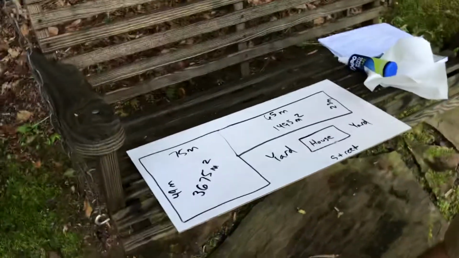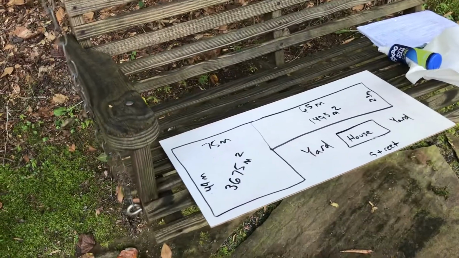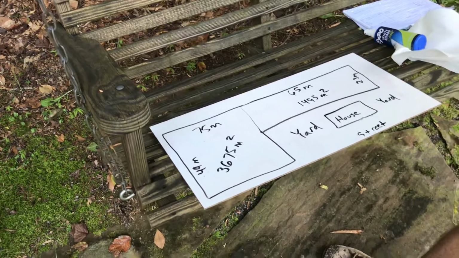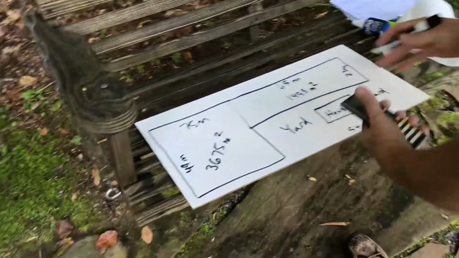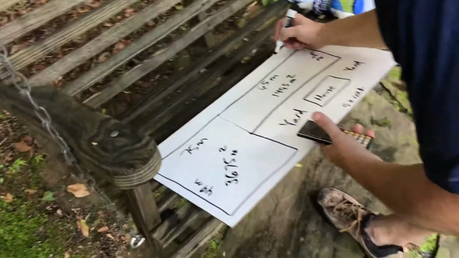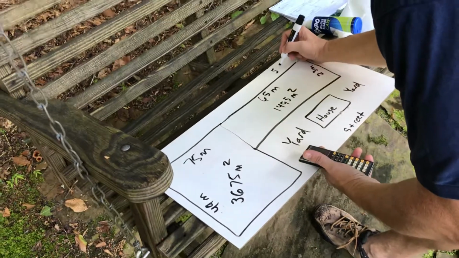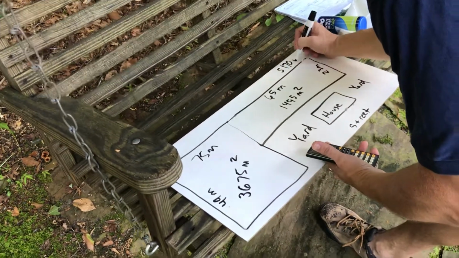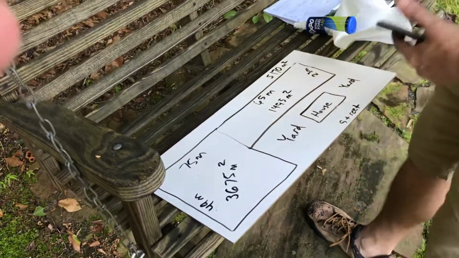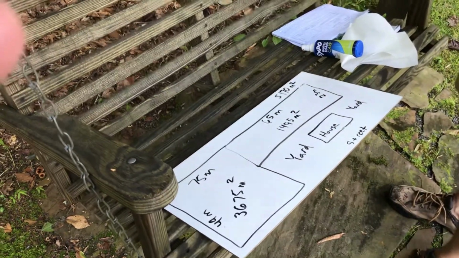If I add these two together, approximately my whole wooded area is about 5,170 square meters. So that's how much we have.